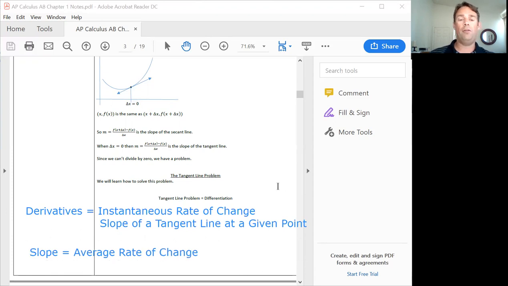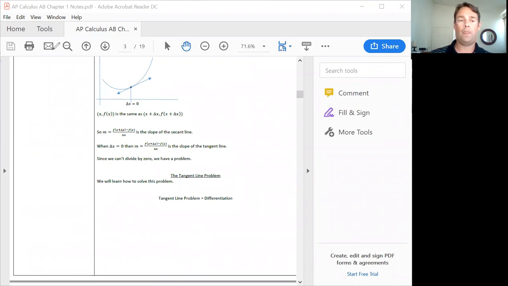And all together, this is called the tangent line problem. So the first part of calculus is dealing with this idea of a limit. We'll get into that. But this idea says we'll use limits to help us figure out this instantaneous rate of change, and we call that a derivative. So that's the first big problem where calculus had its basis.